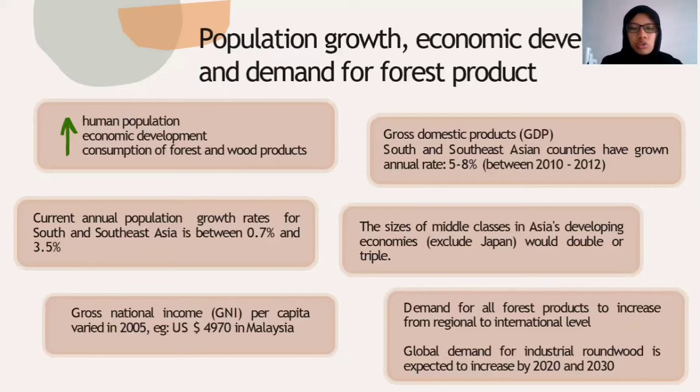In this case study also, it stated that the demand for all forest products is projected to increase from regional to international level. And the global demand for industrial roundwood is also expected to increase by the year 2020 and 2030. And although the Asia Pacific demand for industrial roundwood will increase, the production cannot keep pace.